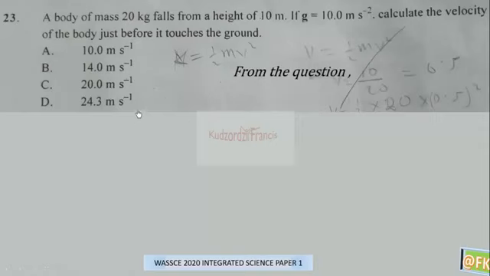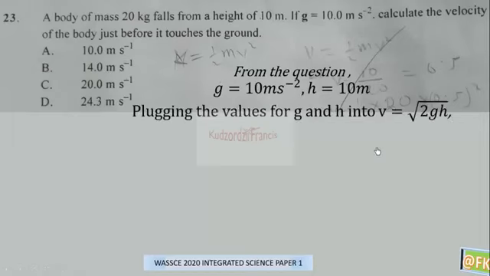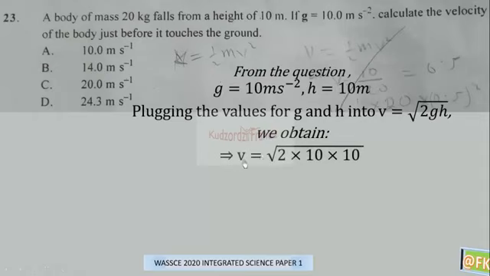Now from the question, we know the value of g to be 10, and that of h to be 10. So we put these values in.